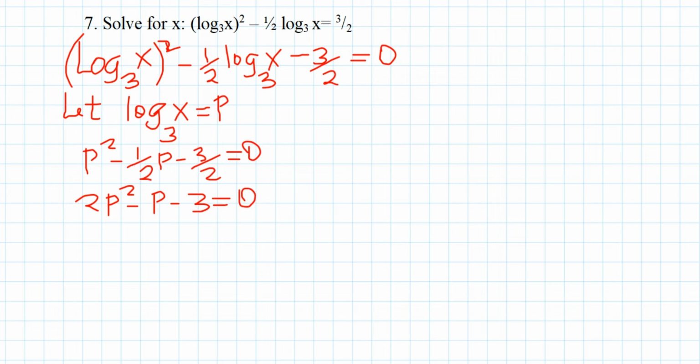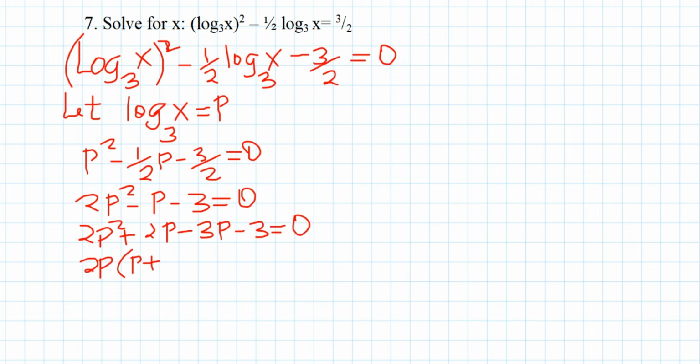So in this case we form a quadratic whereby we solve the quadratic. To solve the quadratic, we look for two factors, whereby we are going to fit them in, and then we can find the values of p. And so here we are going to have 2p squared plus 2p minus 3p minus 3 is equal to 0.